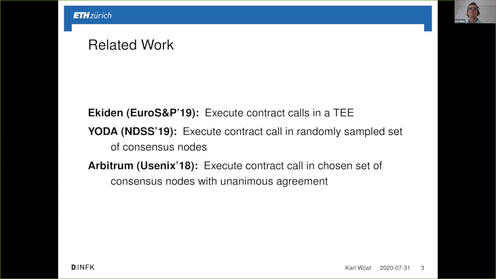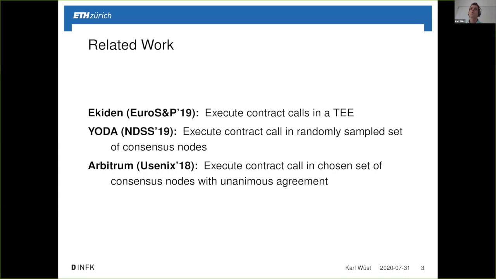And the last one, and this is the one that's most closely related to our system, is Arbitrum, where a contract creator can choose a set of nodes that execute the contract. And in Arbitrum, this set needs to have unanimous agreement on the execution results for the results to be committed.